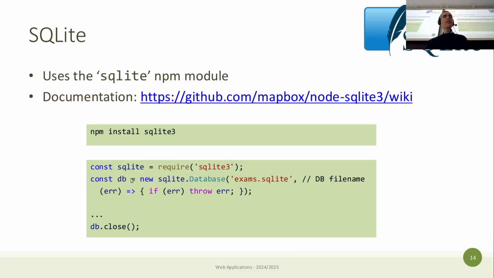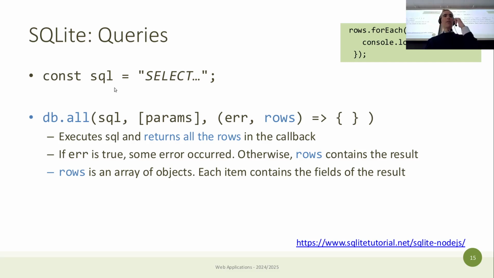Once you open the database, so you are connected to a file where you can store and read information, you can run queries, SQL queries. So on this db object, you have a set of methods, and the main methods are these ones. First, .all. SQL is a string that contains the SQL statements, so the query. Okay, select * from table, that's all, and you read the whole table.